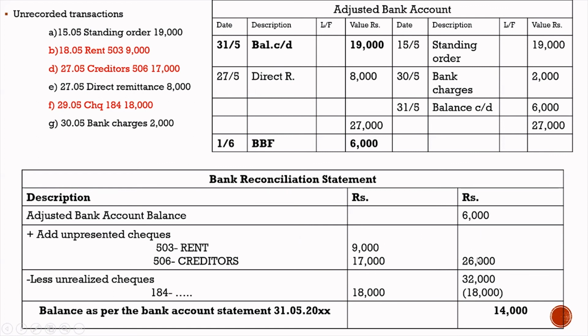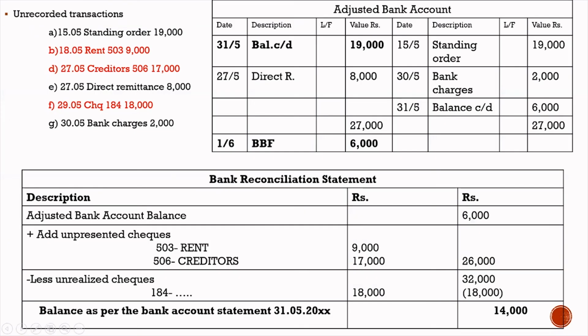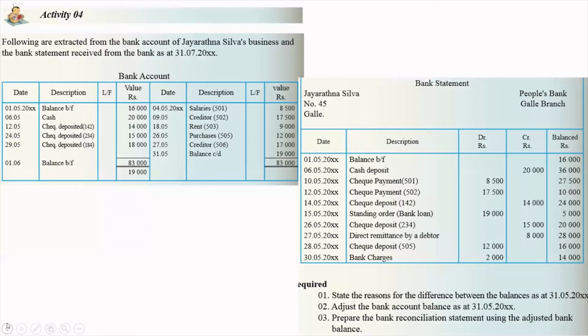So since we add those two, 6,000 plus 26,000, it is 32,000, and we minus this 18,000, the balance of the bank reconciliation statement equals the bank statement balance.